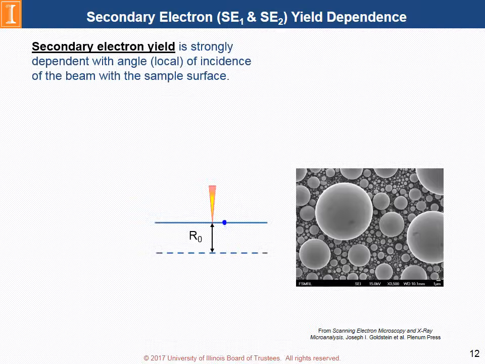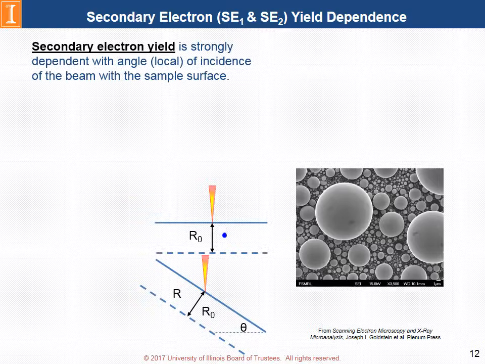As we discussed earlier, an important consequence of the low energy of secondary electrons is that they have very shallow escape depths. When the angle between the incident beam and the surface normal is zero, only the secondary electrons generated within the distance r0 of the surface will be able to escape and be detected.